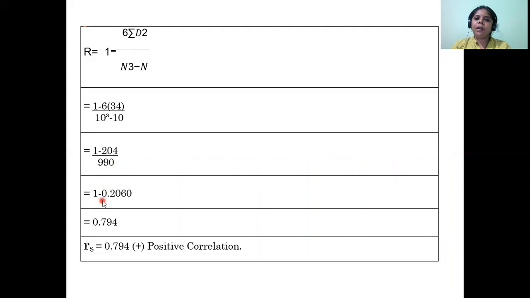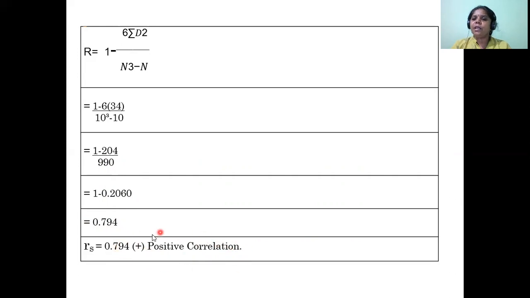You will get 1 minus 0.206. So that is equal to 0.794. See here, 0.794, we will get positive correlation.